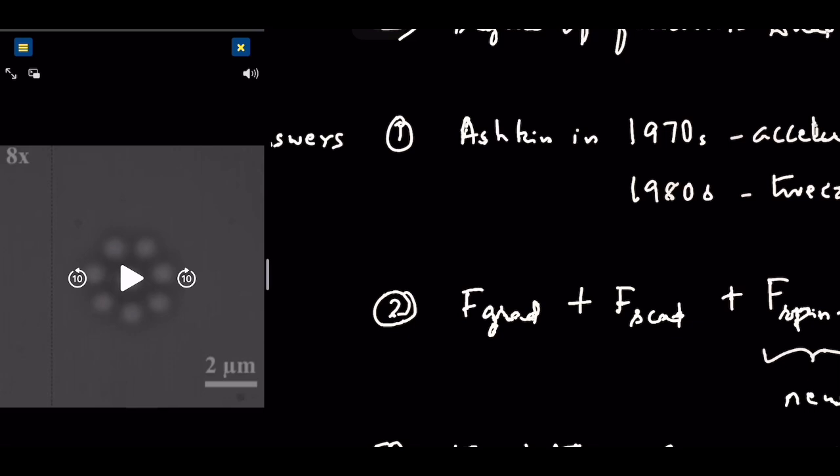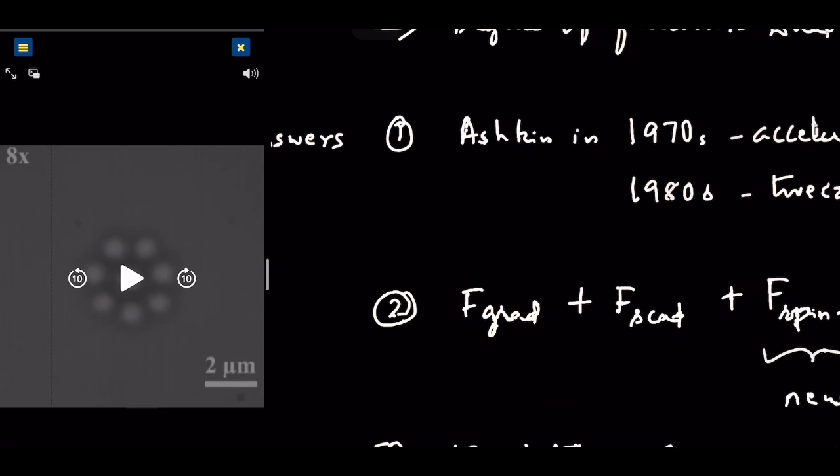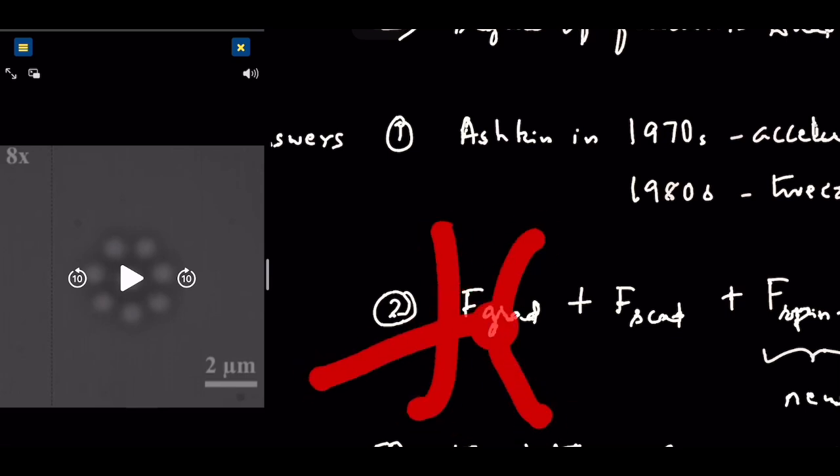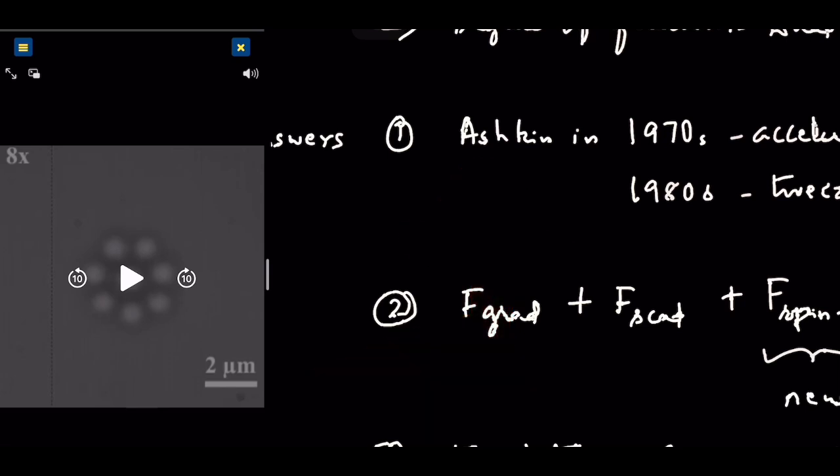This gradient force essentially arises because there is a gradient of intensity of the laser beam. If you have a laser beam, generally speaking, laser beams are Gaussian in nature. So these laser beams have a gradient force. And what happens is, once you have such a laser beam, the particle comes in. Because the laser beam is Gaussian in nature, the particle gets confined to the region of interest, which is exactly at the center.